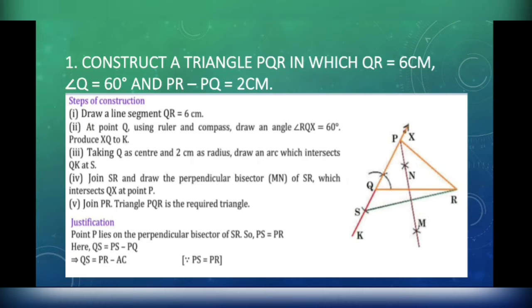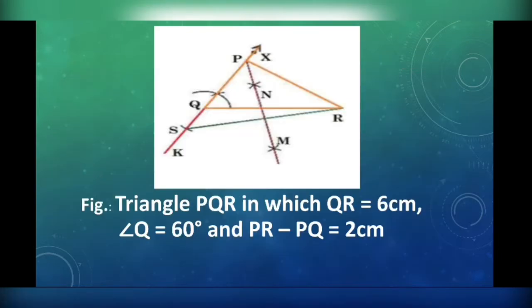As you can see, there are 5 steps to draw this particular triangle. Your diagram looks like this, where QR is 6 cm, this angle is 60 degrees, and the difference PR minus PQ is equal to 2 cm.